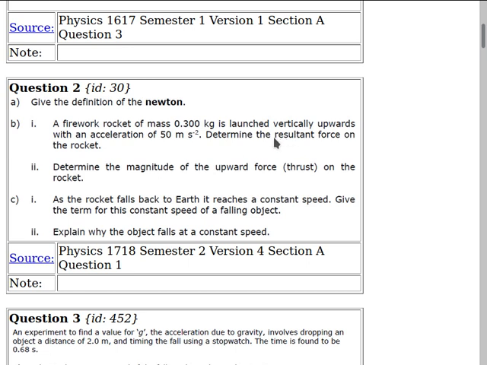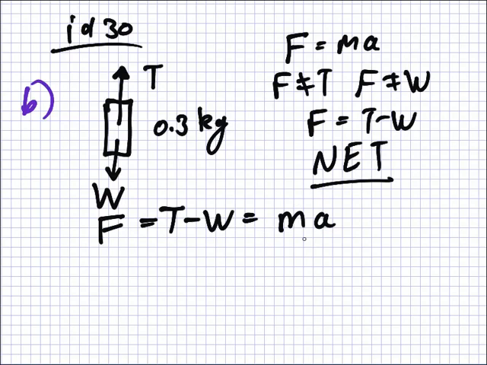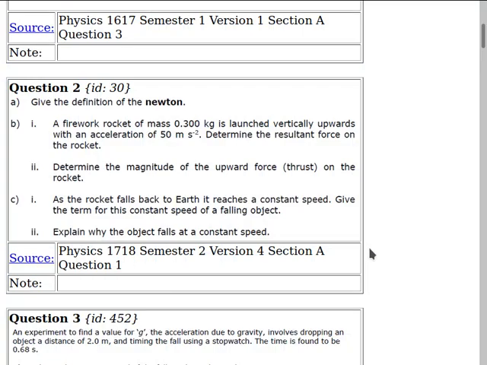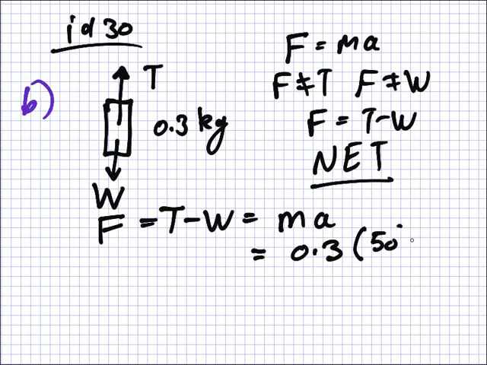Remember what resultant means? Yeah, you add them. So actually I just need to calculate MA. 0.3 times 50. What's that? 15 newtons. Now that 15 is the result of T minus W. It's not T and it's not W.